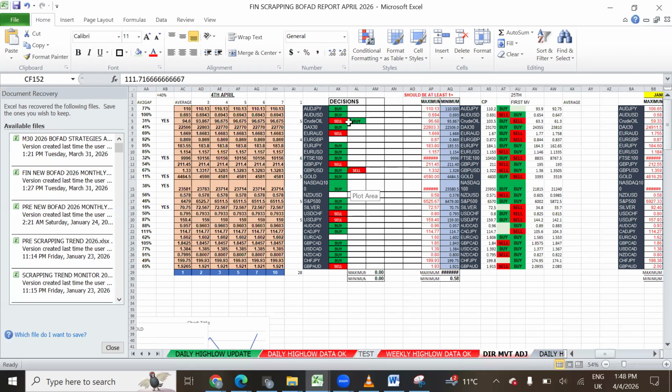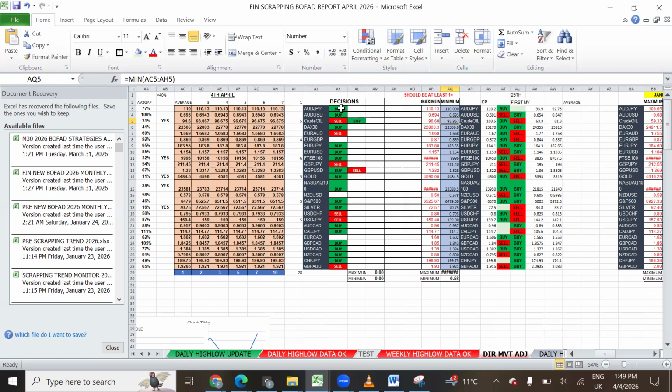So it's likely that crude oil, for example, may just be above 96.68 for the rest of the month, or it comes down below 96.68 and never goes up again. So 96.68 becomes our control point for a sell, while 93.867 becomes our control point for a buy. So that is how we'll be able to trace it.